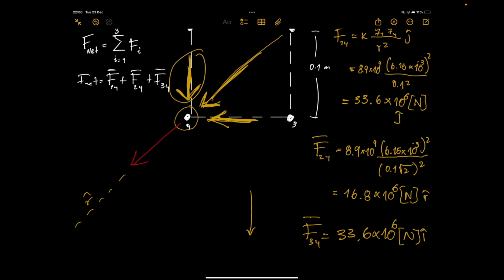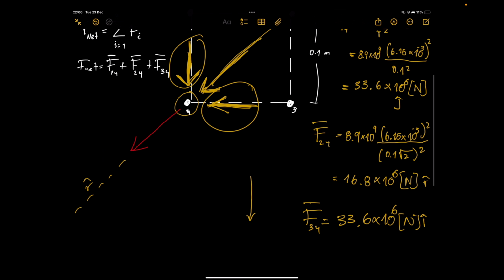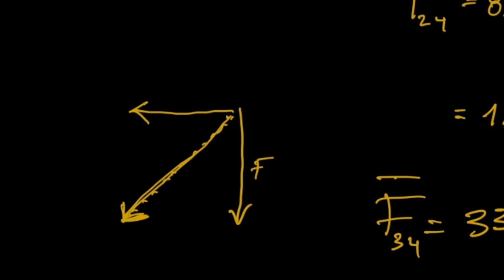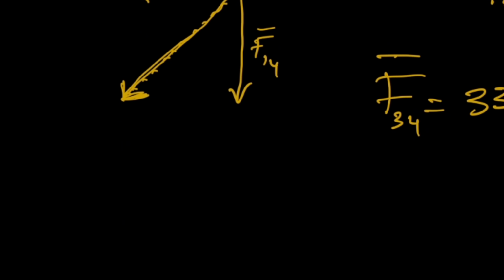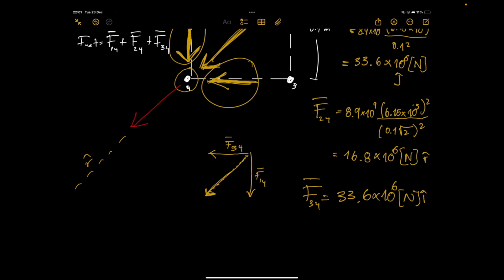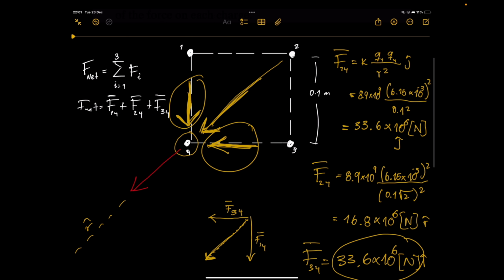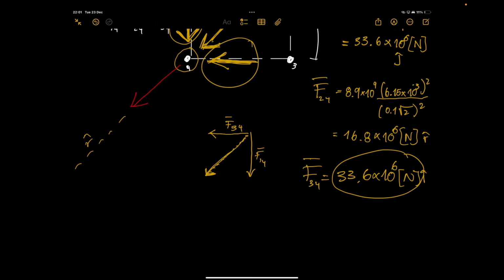Now we're going to take these forces and group them. We're going to make it just one force. So we have this and this. Now we're going to make a little triangle. They're equal in magnitude, so the resultant force is going to be just like this. This is force 1 on 4, and this is force 3 on 4. The resultant is going to be this value times the square root of 2, exactly what happened with the distance in this triangle, because it's a right triangle with equal sides.